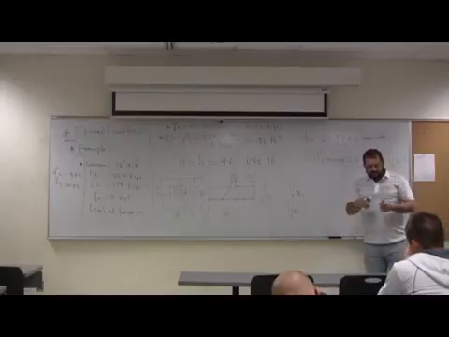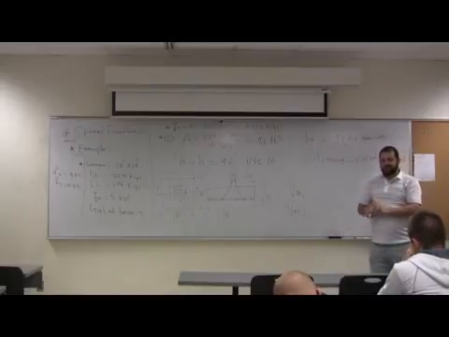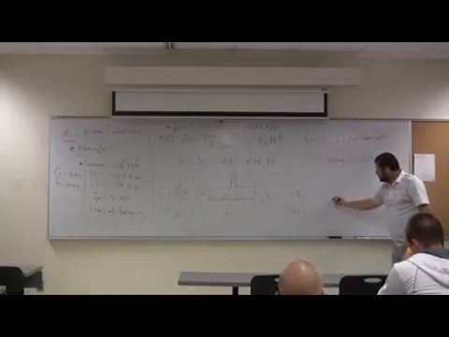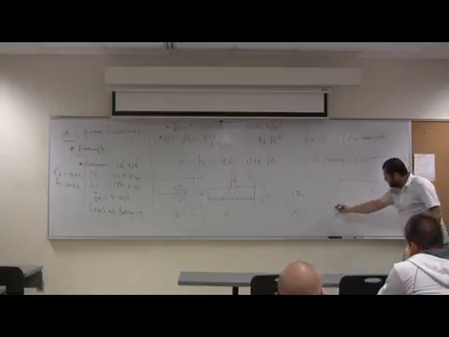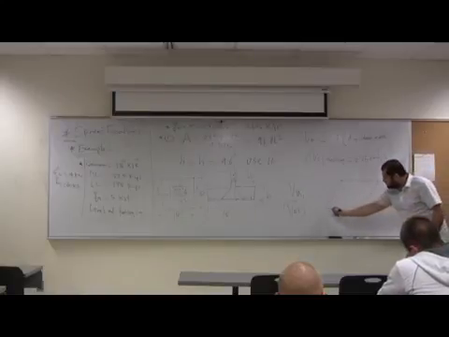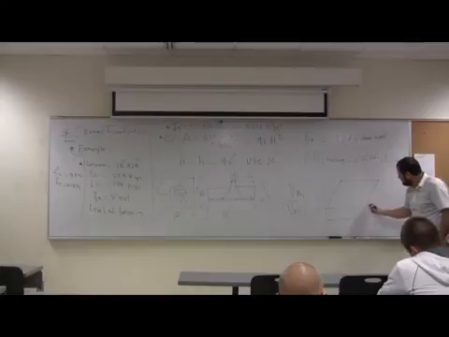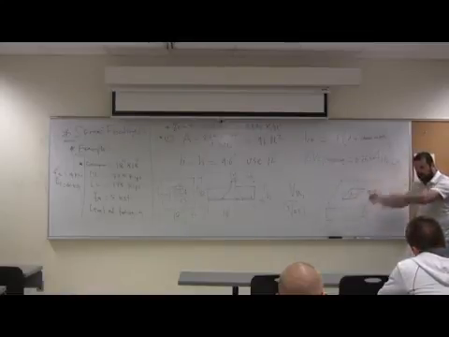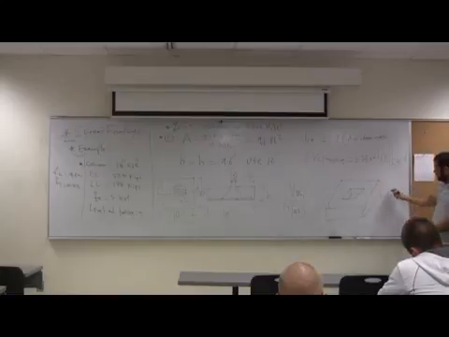The last thing, this is the hardest one. You know what's Vu2? Look what's happening. I'll try my best. So it's going to punch through, right? When it's punched, it's going to look like this. This is the footing.